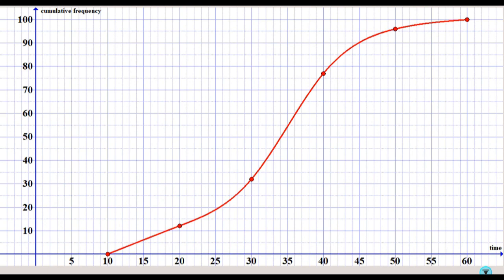Now the next part of the video is beyond the traditional measures of location. Let's look at something that is called percentiles. And let's take our same curve. Now there are 100 participants. Now if we say that something is the 20th percentile, that means that it is a data point below which 20% of the data lie. So 20% of the cumulative frequency is 20.